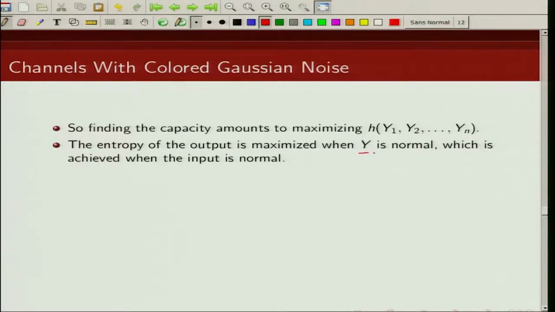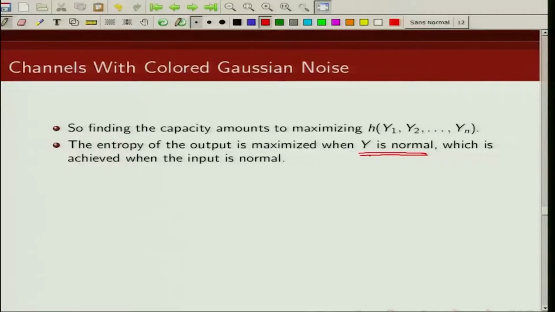Now we know that entropy is maximized when y is normal distributed. So for y to be normal distributed, because z is normal distributed, x also has to be normal distributed. Sum of two Gaussian random variables is also a normal distributed random variable.